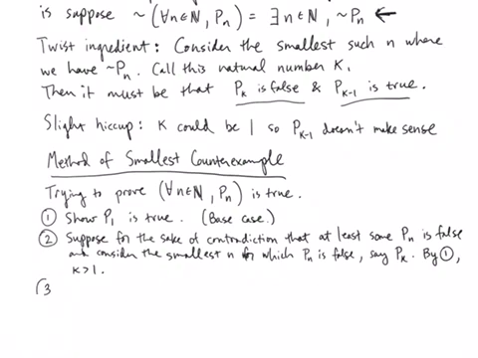And then three, thus the prior proposition to P sub k, i.e. P sub k minus 1, is true.